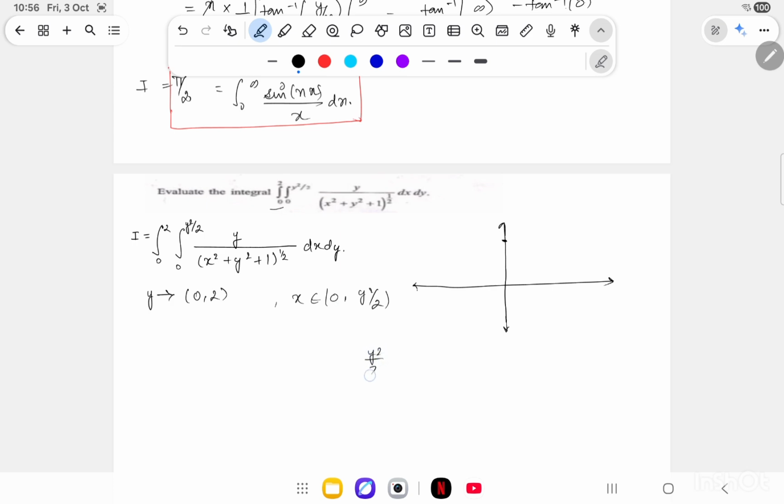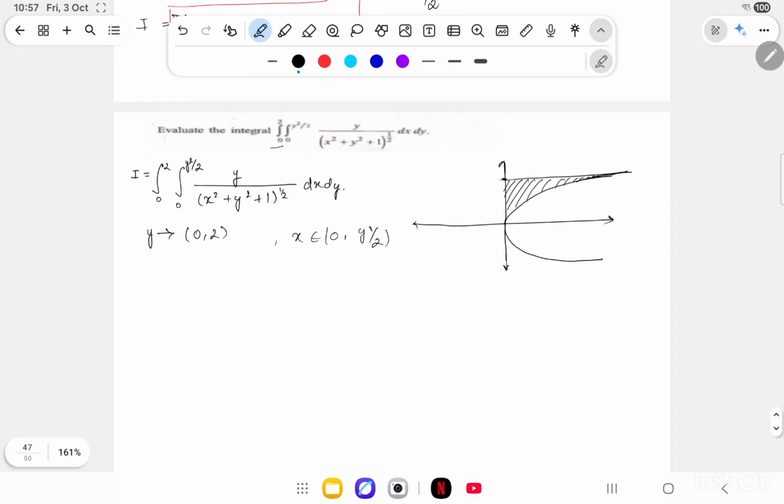So y square by 2 is equal to x, and its graph will be somewhat like this. But we are concerned only about the first quadrant. So the area over which we are integrating is basically this.